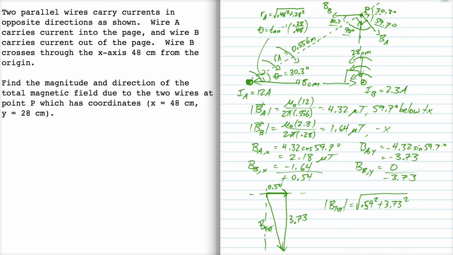That's 3.8 microtesla. And the direction, I'll call this angle alpha, is the inverse tangent of 3.73 over 0.54, which is 82 degrees below the plus x direction. So there's my answer.